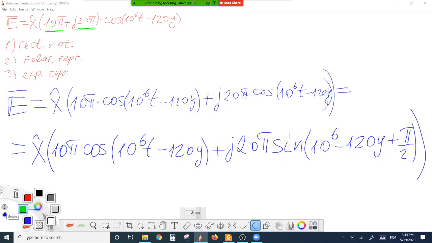Here I add plus π/2, that's why cosine changed to sine. And each term can be written in rectangular form.